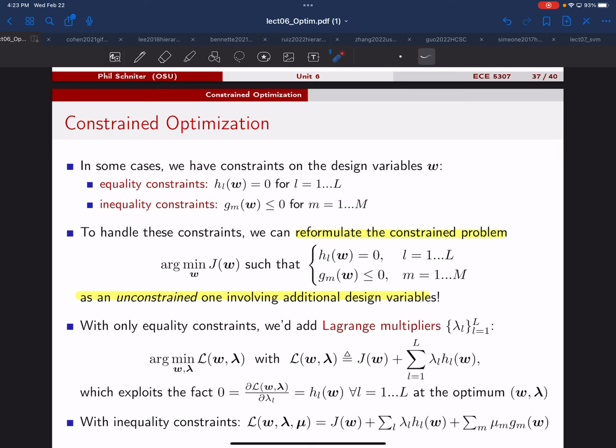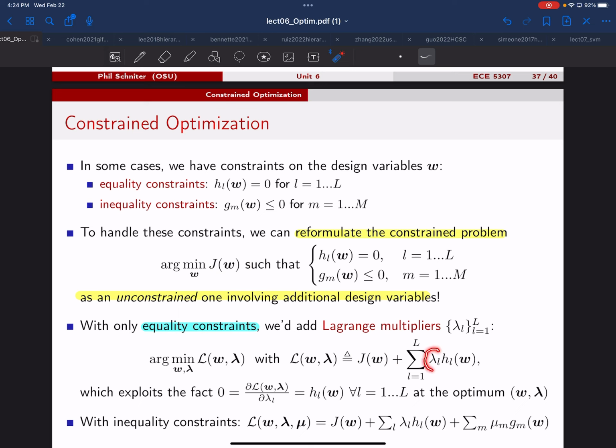But then, let's first talk about what happens with equality constraints. If we have only those, then we add some new variables to our problem that we call Lagrange multipliers. If I have L equality constraints, I'm going to add L of these new variables. And I'm going to define a new cost function that is my old one, j of w, plus a new term that looks like this.